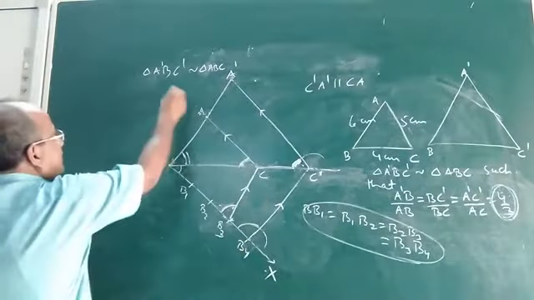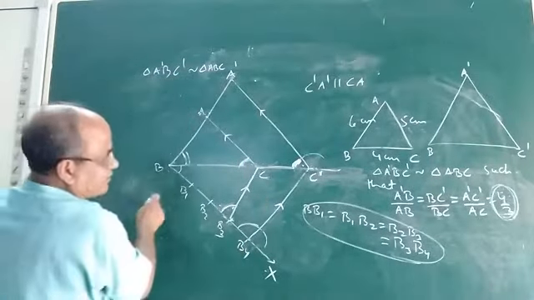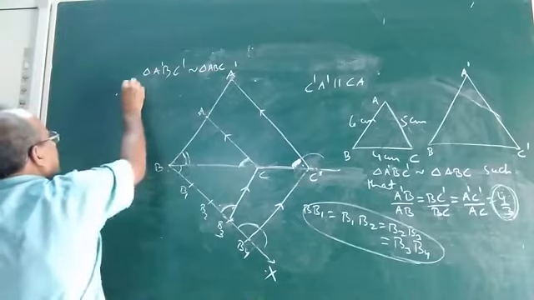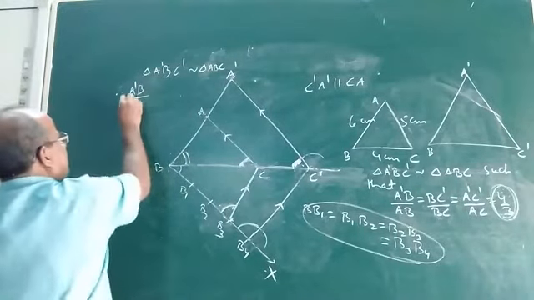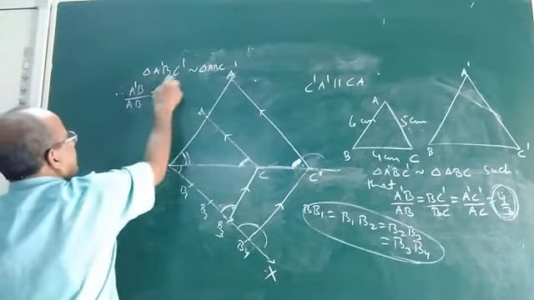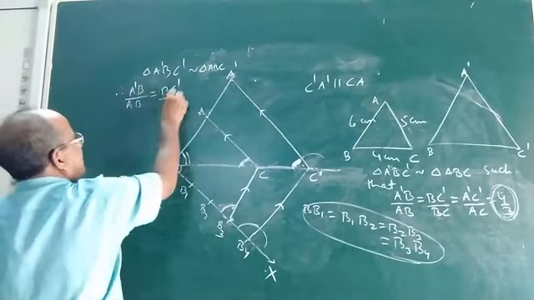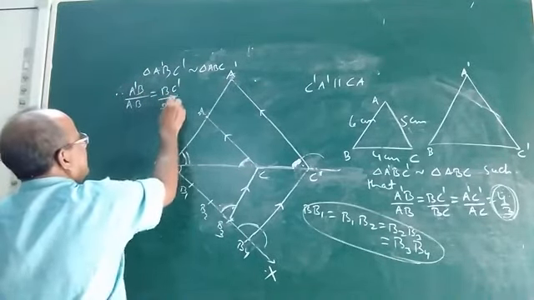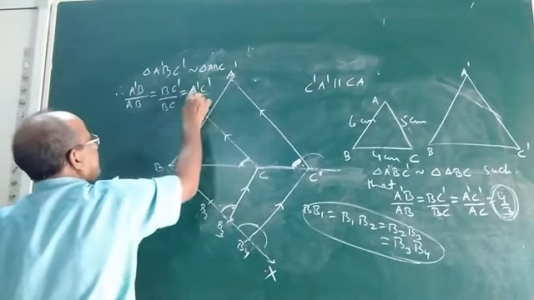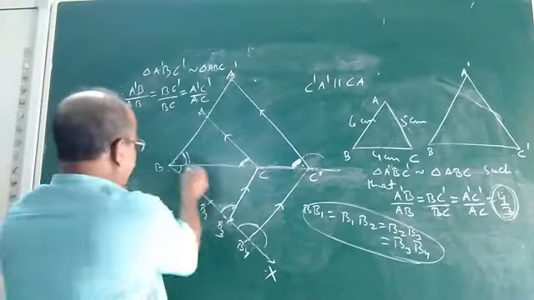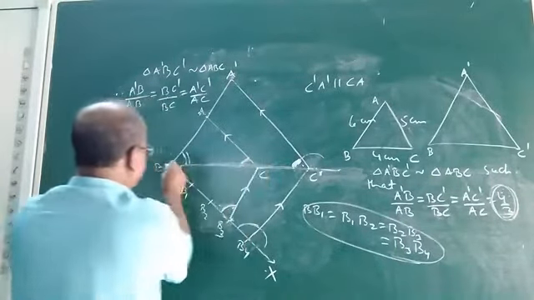How to prove? You see, now when these two are similar, so what will happen? Therefore, take the ratio of the corresponding sides: A dash B by AB equal to B C dash by BC equal to A dash C dash by AC.